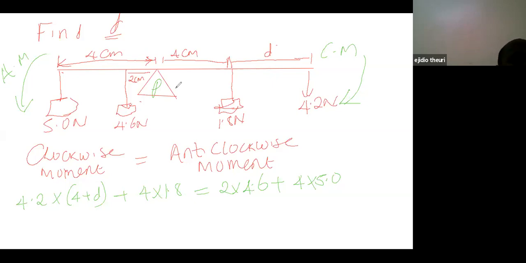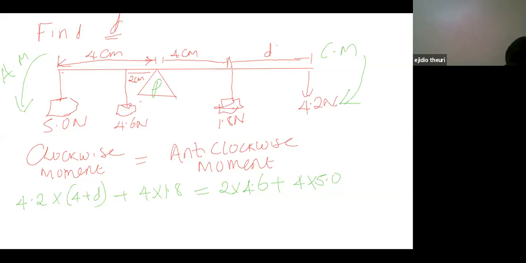So we do our calculations very fast. 4.2 times 4. We can use a calculator at that point quickly. Allow me to use my calculator here. So it is 4.2 times 4.